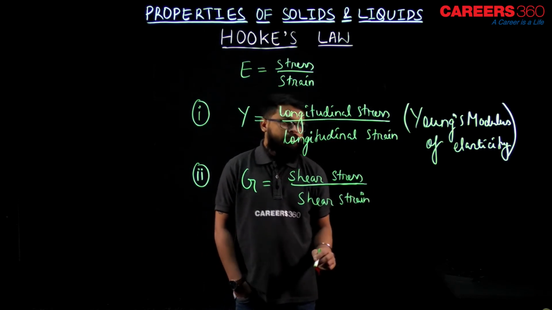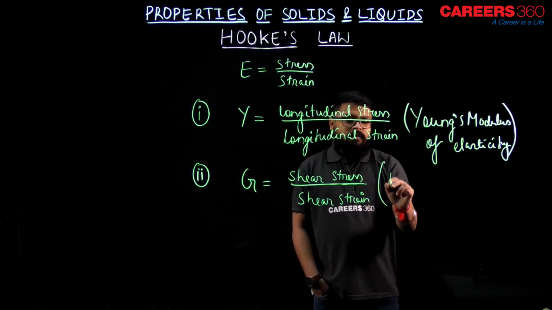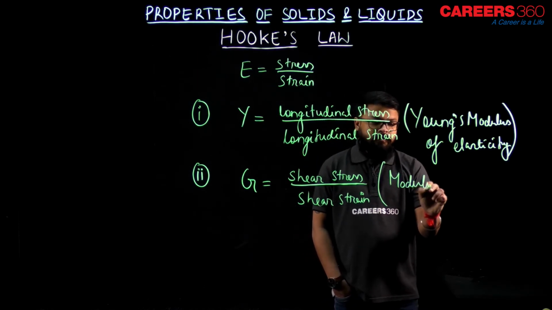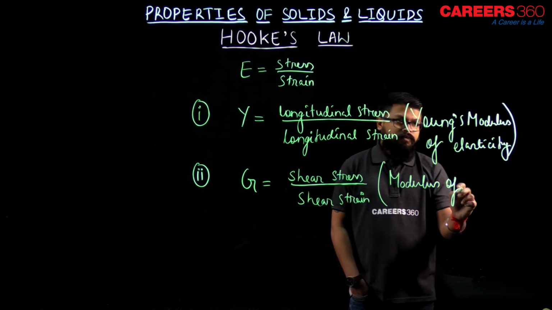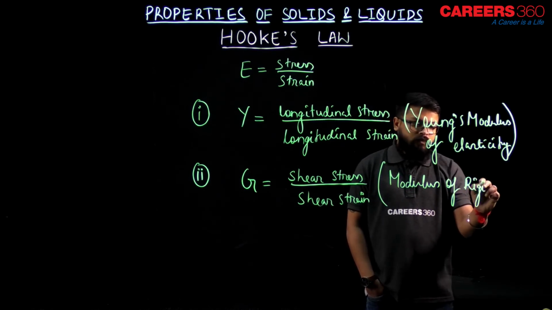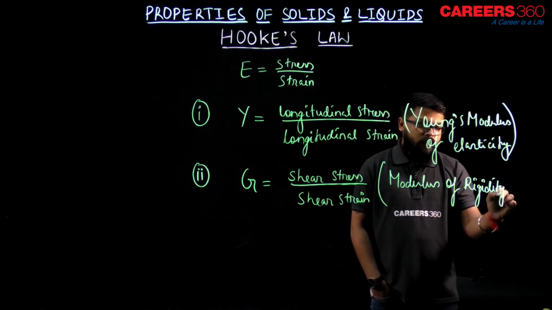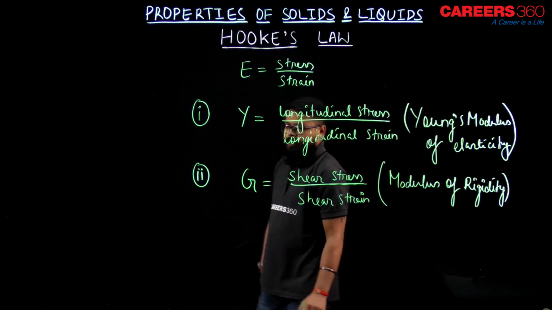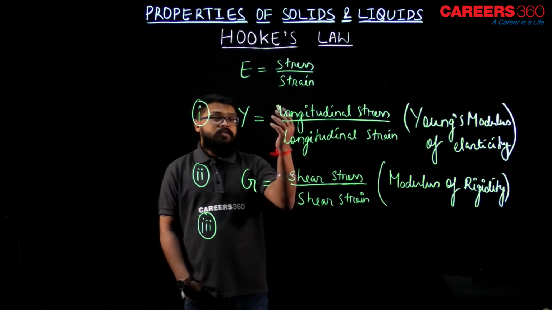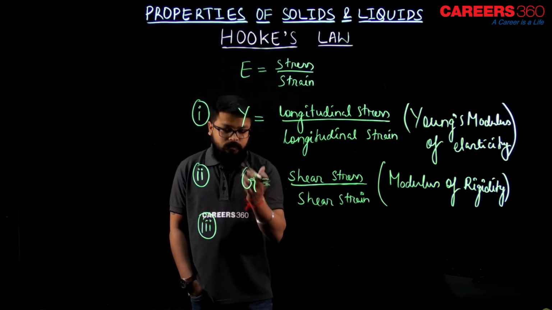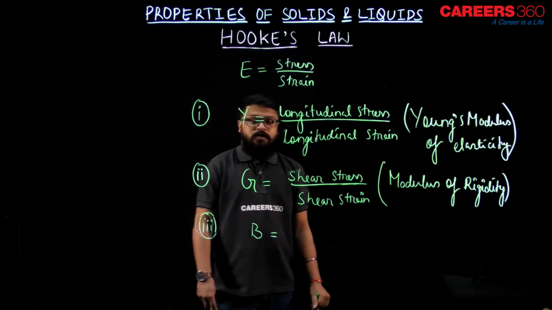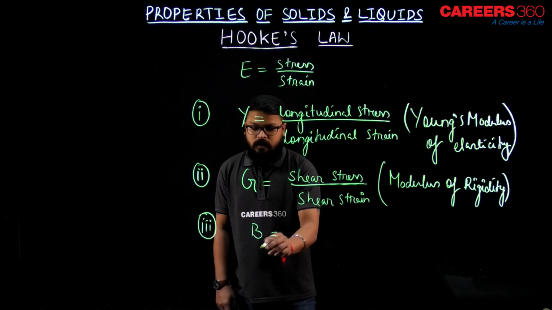Now the third kind, based on the type of stress and strain, is volume stress upon volume strain, and this is called bulk modulus.